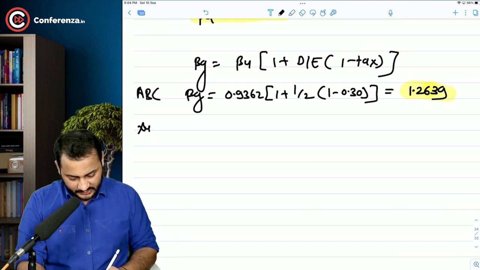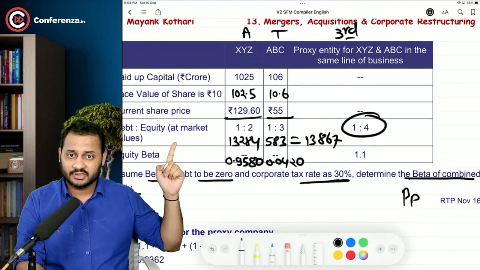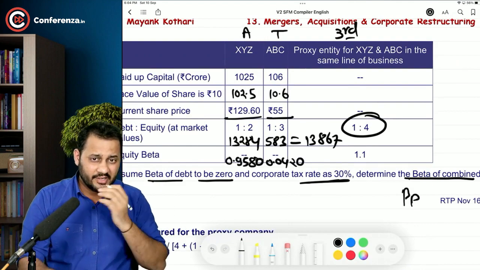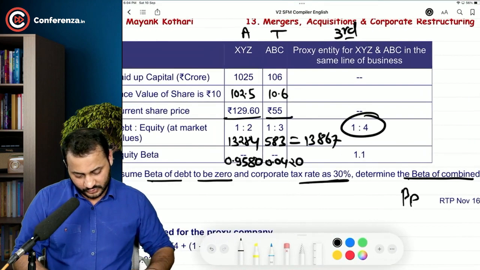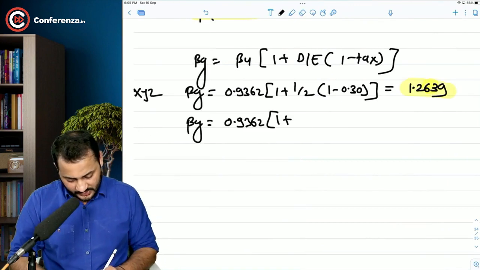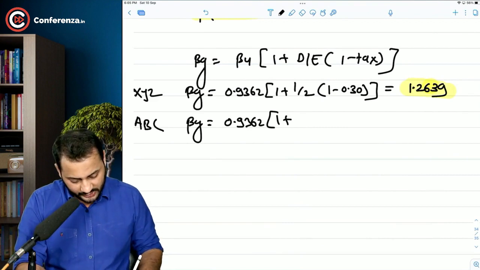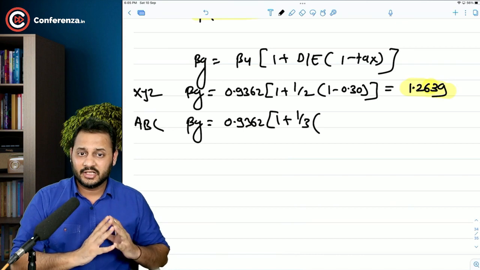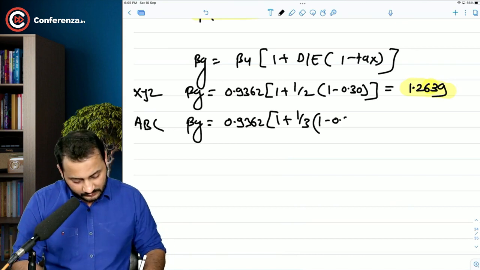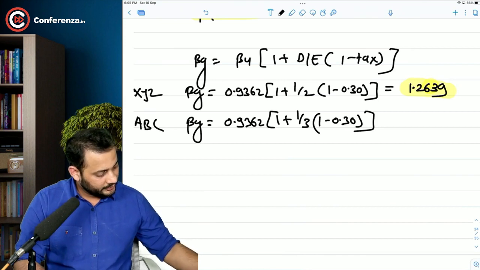Then for XYZ, similar thing. Geared beta is equal to 0.9362 times (1 plus... what is the debt equity ratio in this? I am writing it wrong. It should be XYZ and ABC. So 0.9362, this is 1:3. 1:3 is the debt equity ratio in XYZ. 1 plus 1 by 3 into 0.70, times 0.9362.